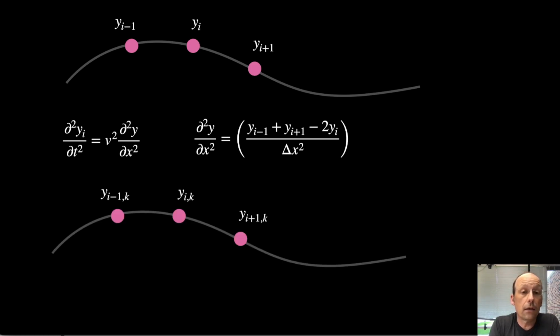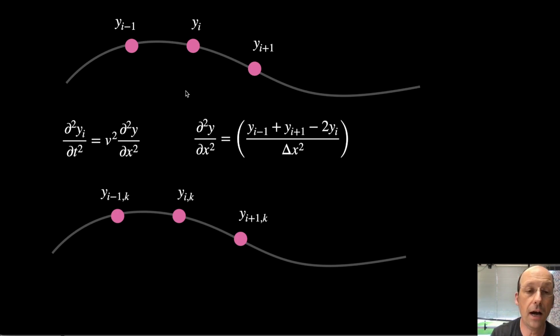But wait, they also have to have an index with time, right? Because if you think about this a little bit later, they have a new position with time. So the ith element has to have an index to describe its time too. Each element has a position index i, and then a time index k.